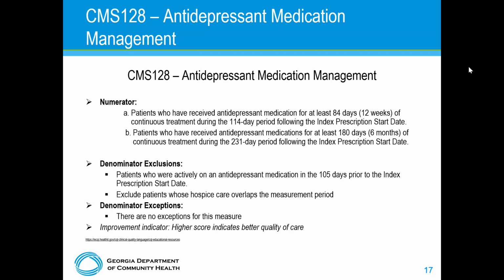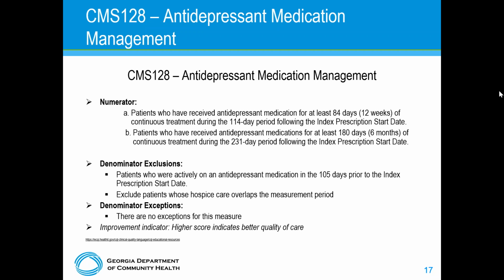The exclusion should be taken for those patients who were on antidepressant medication 105 days prior to the prescription start date. For example, if the patient was already on an antidepressant prior to the prescription start date for this episode for major depression, then they must be excluded.